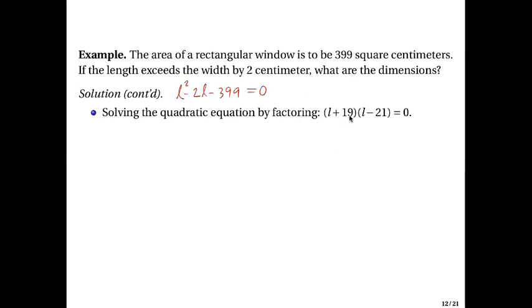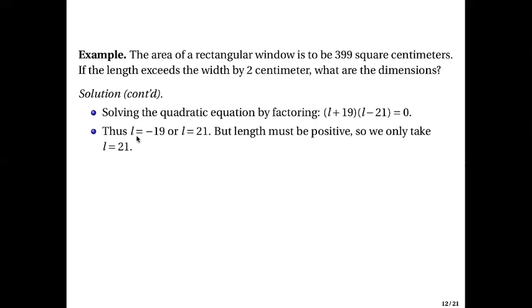L plus 19 times L minus 21 equals 0. And then you solve for L. L equals negative 19 or L equals 21. But the length must be positive, so we only take L equals 21.